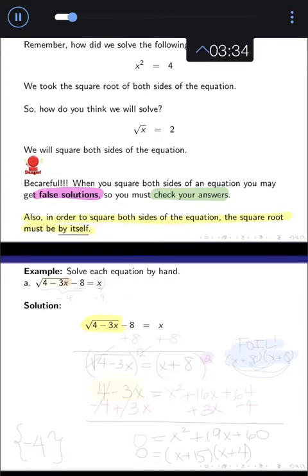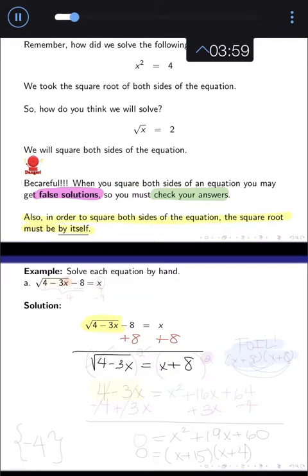Well, we're going to get rid of that minus 8 that's dangling off to the side there. How will we get rid of a minus 8? Well, we'll add 8 to both sides. Well, that gives us that our square root of 4 minus 3x equals x plus 8.